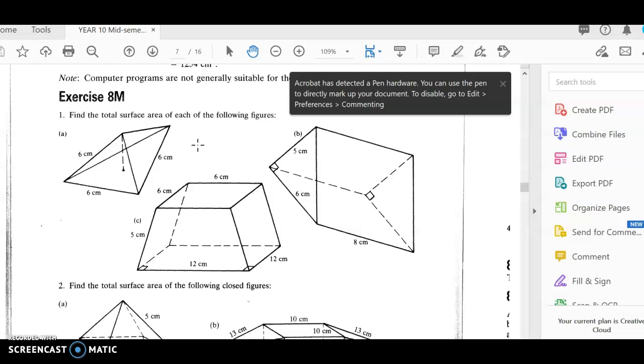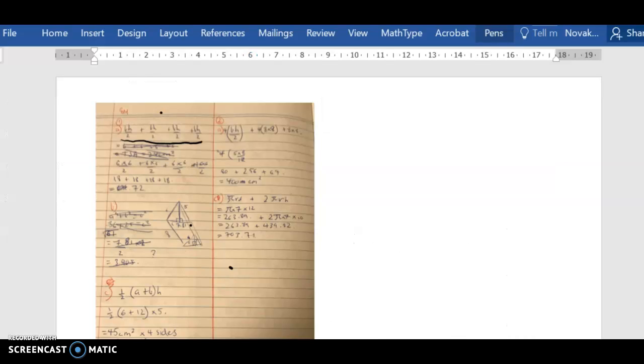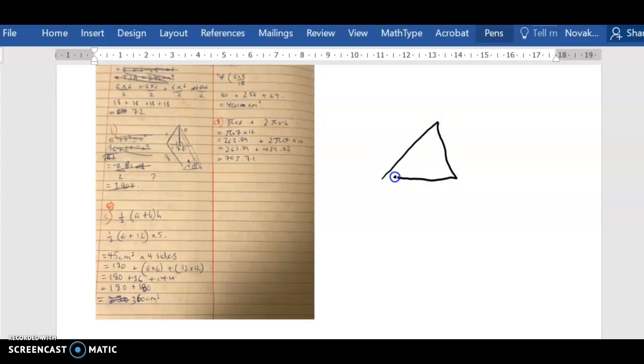So when we do what's called a net, we actually generate the following shapes. We have a net, so we've got one, and we'll have another one coming off that, and another one coming off that, and the last one coming off that.